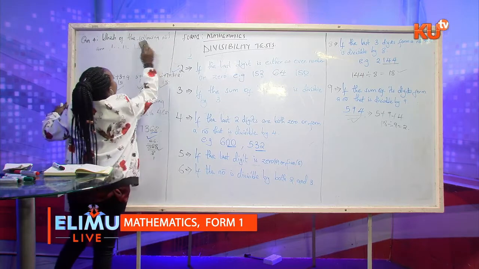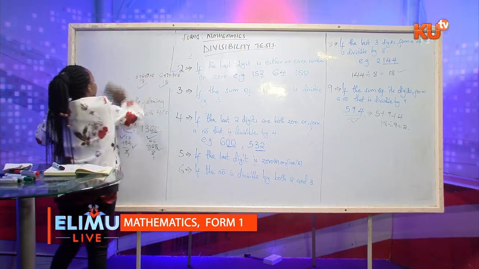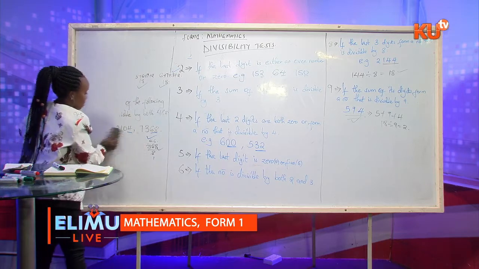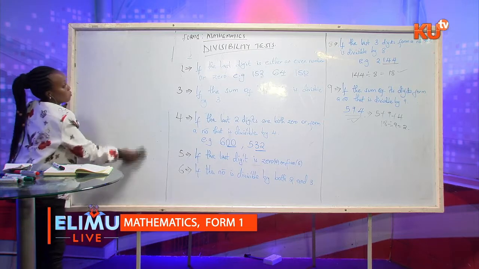to see if we've understood the divisibility test for 9 and if we can find a number that is divisible by 9 without using the long method. So we have a question.